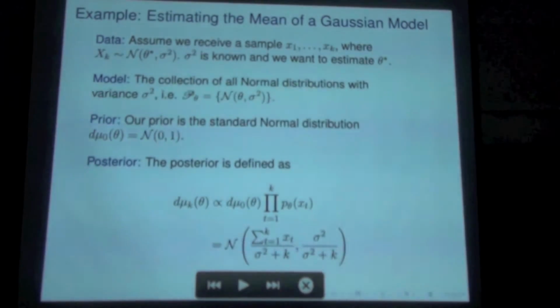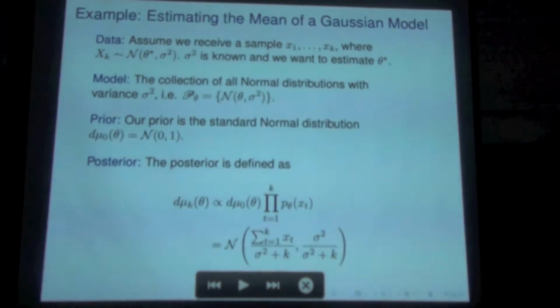And by definition, the expected value of x is theta star. So our mean is going to go to theta star and our variance is going to go to 0.